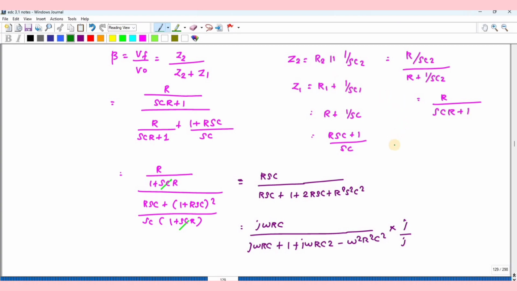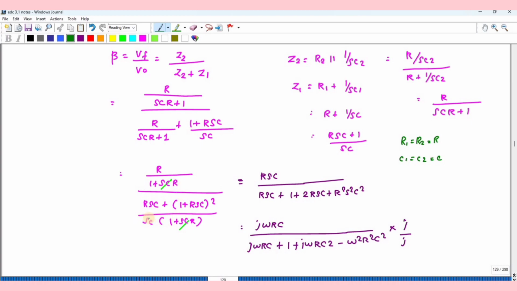Here I can take R1 equal to R2 equal to R, and C1 equal to C2 equal to C. If we substitute the Z1 term and the Z2 term, and multiply by SC and 1 plus RSC, the 1 plus SCR terms get cancelled out.